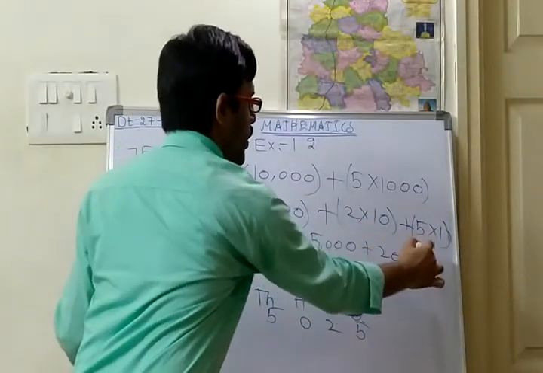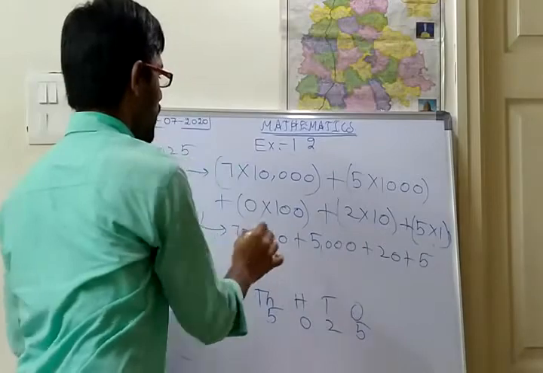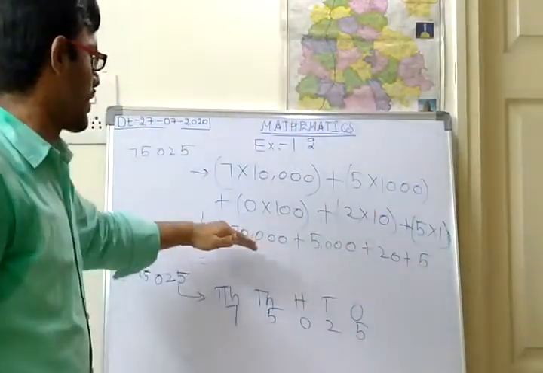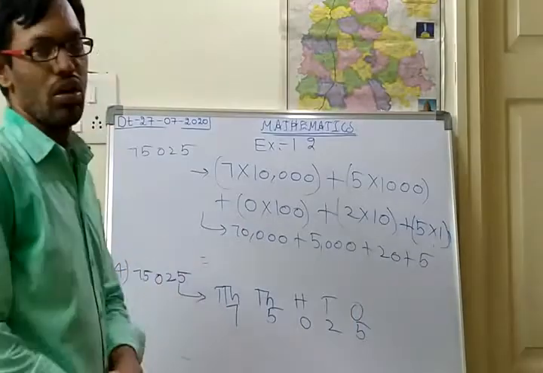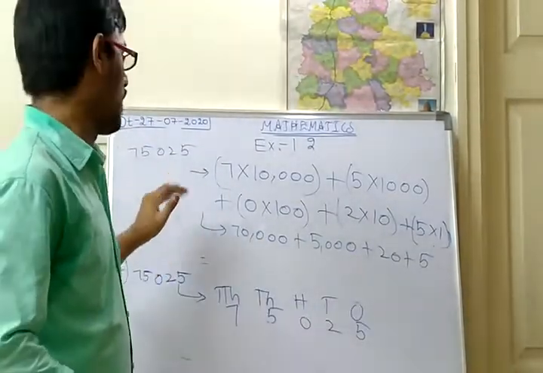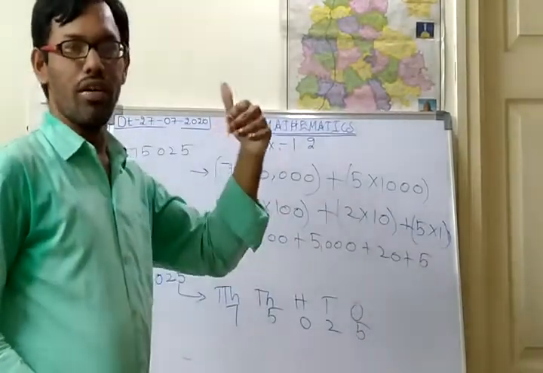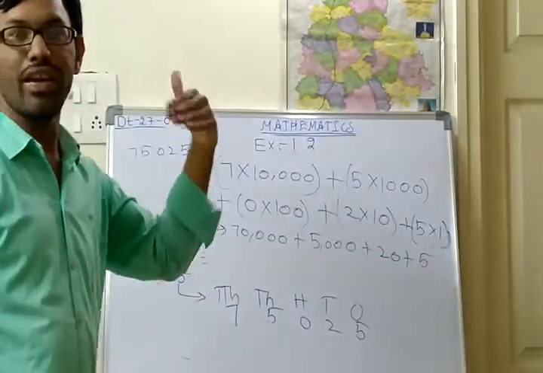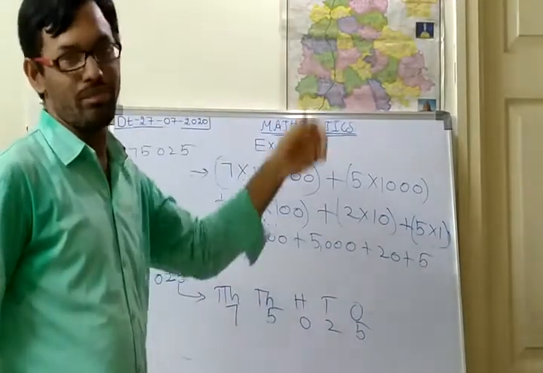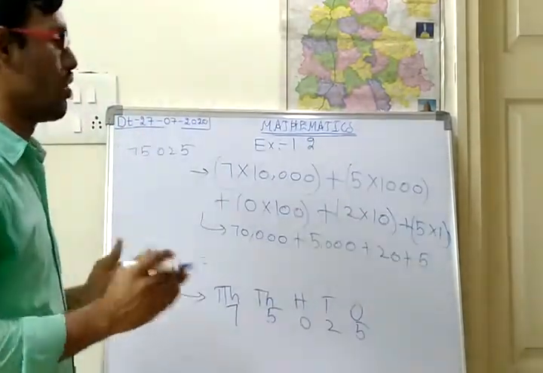So 70,000 plus 5,000 plus 20 plus 5. This is the expansion for this number. I hope you have understood this concept very well. Expanding the number and writing the number from the expansion, these two concepts you have understood very well.